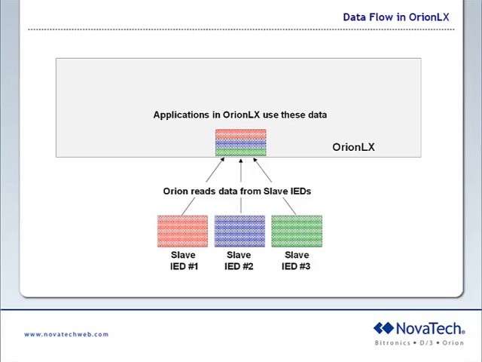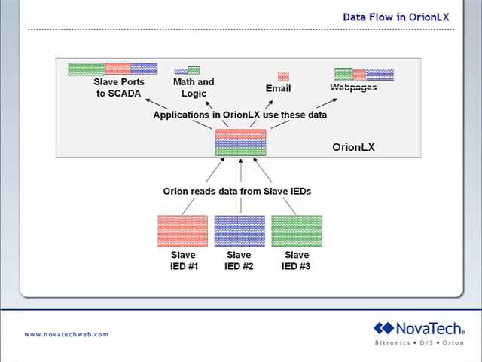And then there are applications in Orion that use the data. For instance, if SCADA needs to read data from the Orion, SCADA is a user of data in the Orion, just like Math and Logic uses data, email uses data, and Webpages use data.